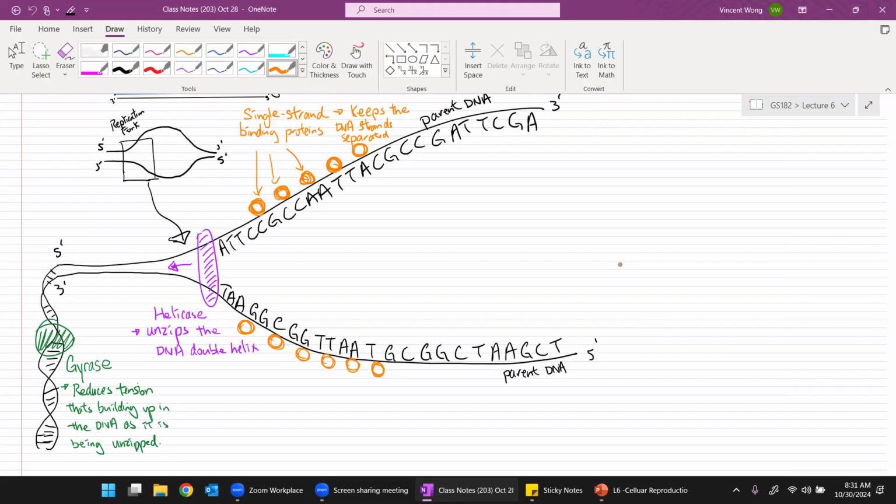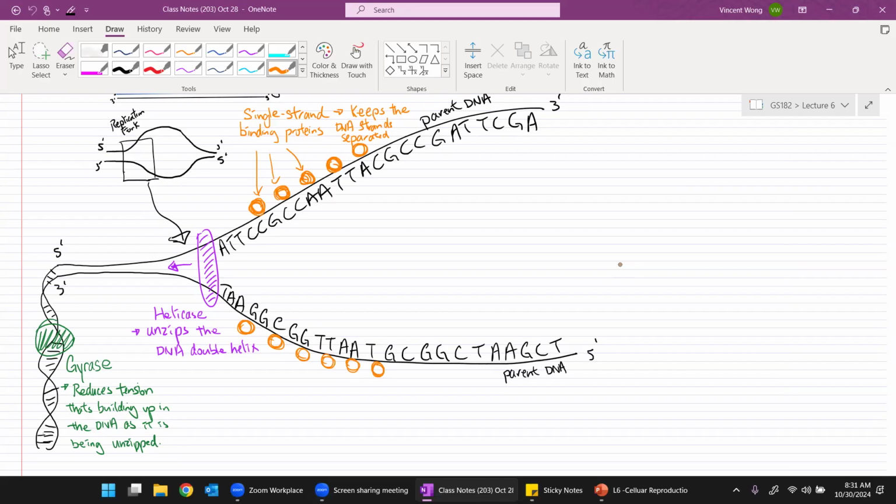Before the cell splits into two, it must copy all of its genetic materials, and we are going to look at that process first in the prokaryotes, and then we're going to see how that happens in humans. So you start with the original parental DNA, and then you're going to create a bubble. Then you're going to expand the bubble horizontally and copy the DNA as you open up the bubble.